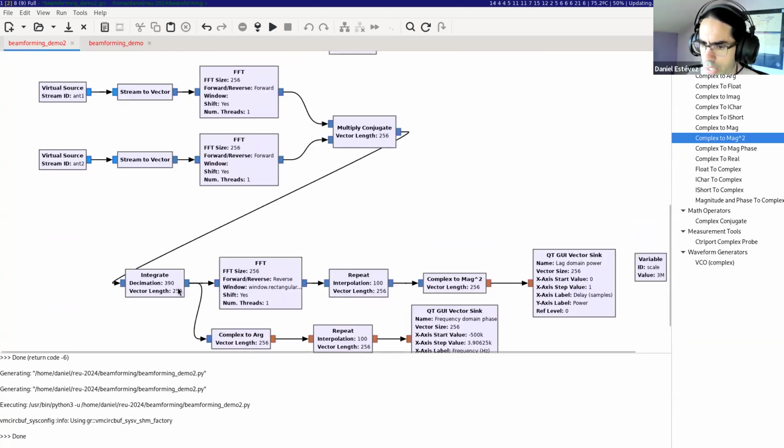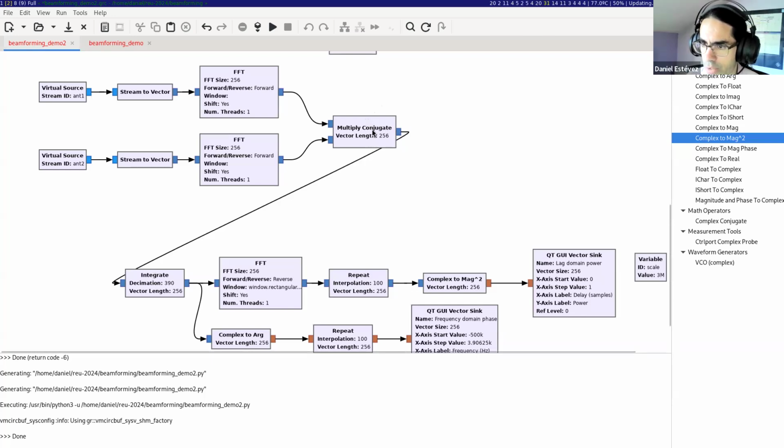How do we do that? So the thing I'm showing here is I'm integrating. The reason to integrate is the same as when we were computing a spectrum of just a single antenna. It's to average things together and remove noise. What happens here is with the multiply conjugate, I'm only extracting the phase difference information, and phase difference is going to change slowly over time, so I can integrate.